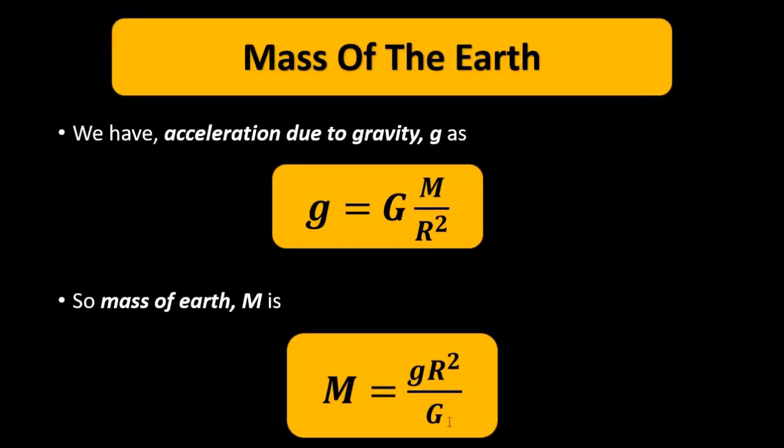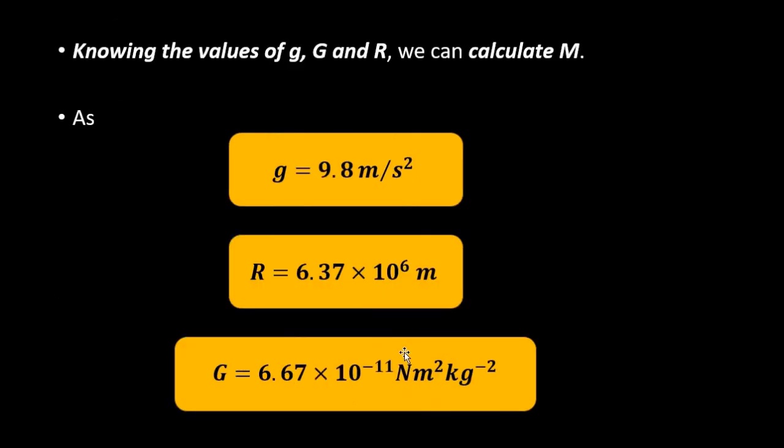We know the universal gravitational constant, capital G, as per Cavendish experiment, and also the approximate value of radius of the Earth, which is equal to 6.37 into 10 to the power 6 meter.